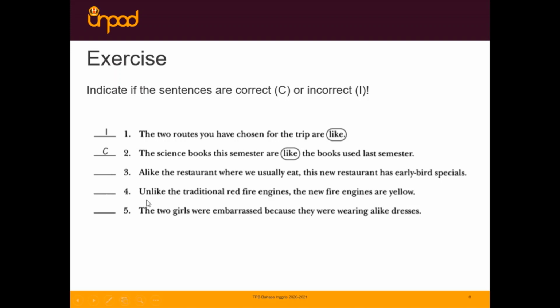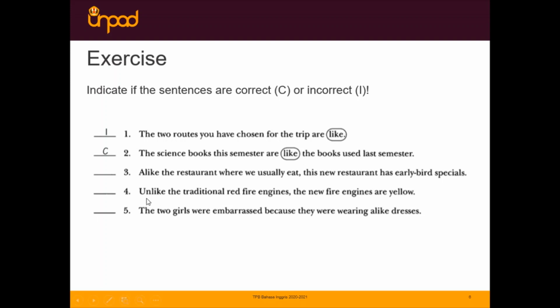Now, let's have a look at sentence 4. It says, unlike the traditional red fire engines, the new fire engines are yellow. Now, we learned that the word unlike in a sentence as a preposition has to be followed by an object.